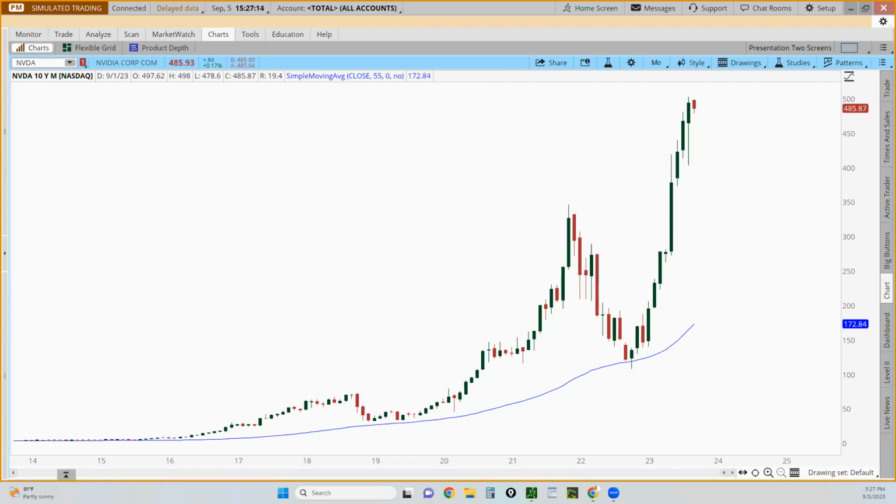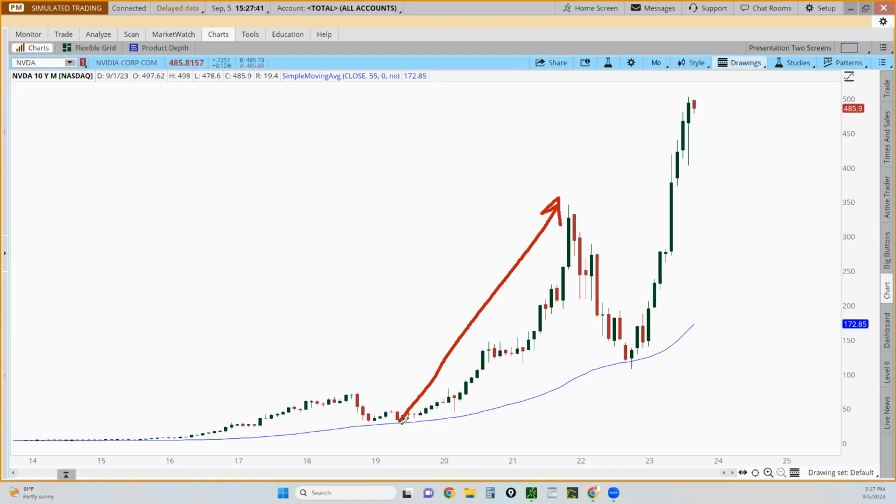Okay, so then I always go back to the very last one where price left the moving average, and then I go all the way to the top, the peak, and ask, can I get in at 50% or less of that pullback?